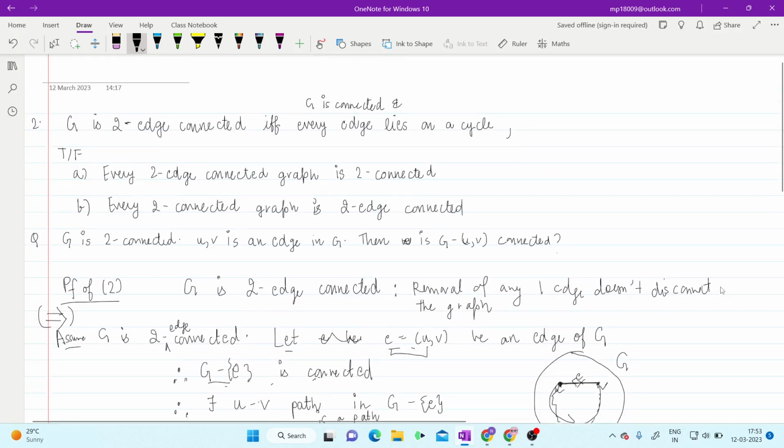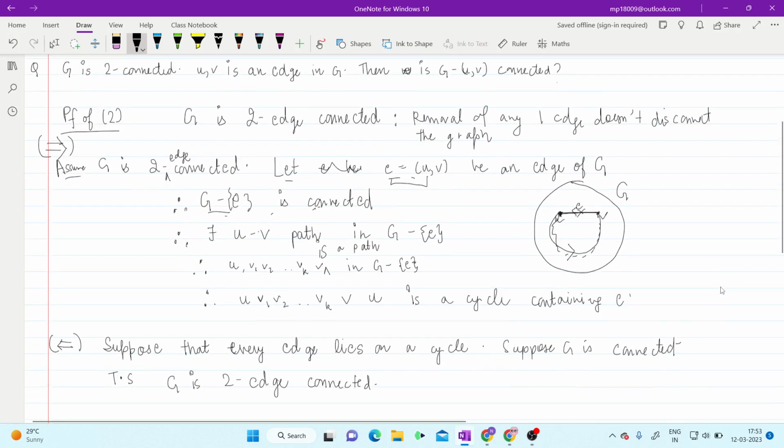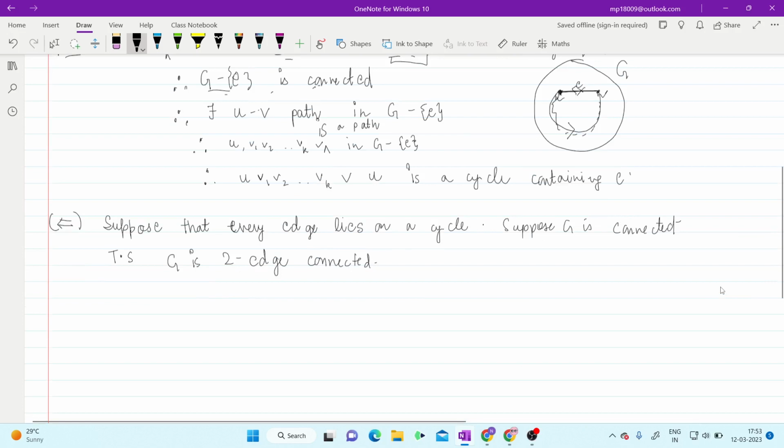So the question is this. We have to show that G is 2 edge connected if and only if G is connected and every edge lies on a cycle. We have shown one way around: if G is 2 edge connected, then G is connected and every edge lies on a cycle. Now we have to show the reverse implication. Suppose G is connected and every edge lies on a cycle. We have to show that G is 2 edge connected.